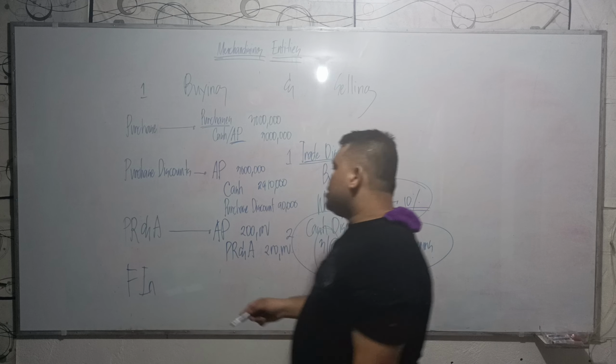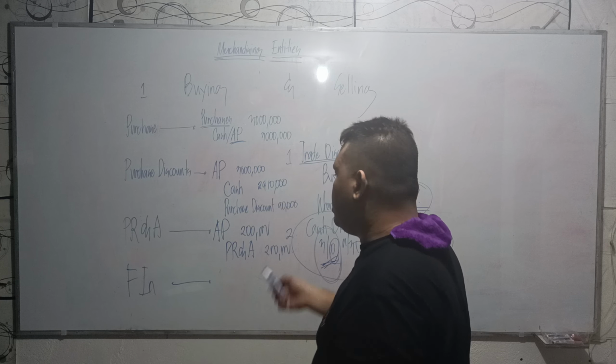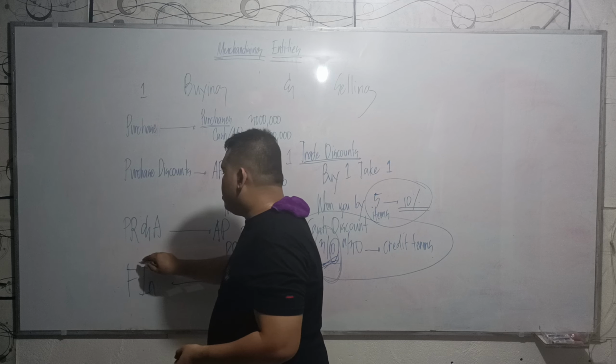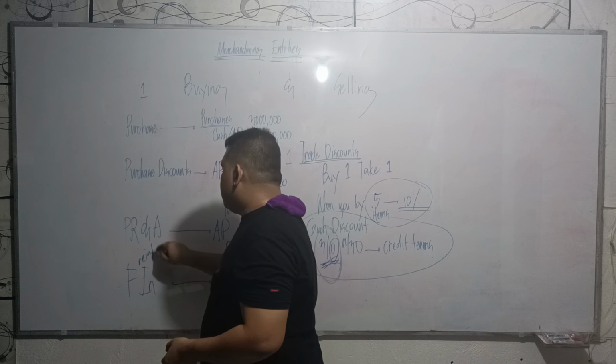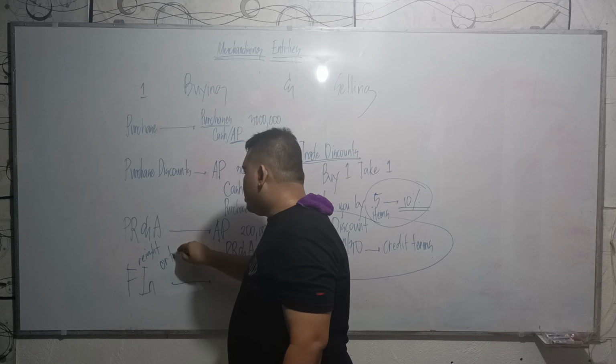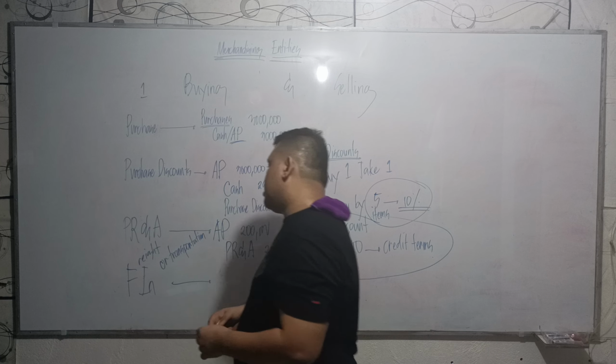Okay? So that's the last twist here. But it's a little bit complicated, this freight in. So this freight in, freight, that's the spelling, freight, or transportation in, is the missing link in order to compute net purchases.